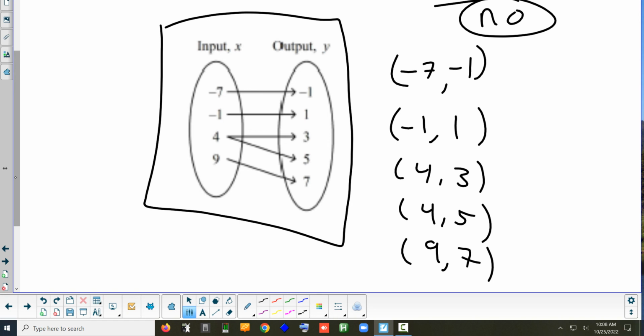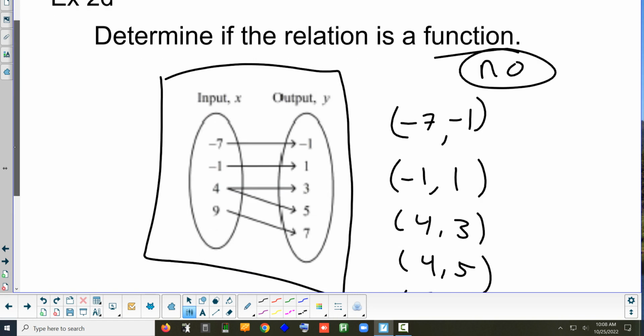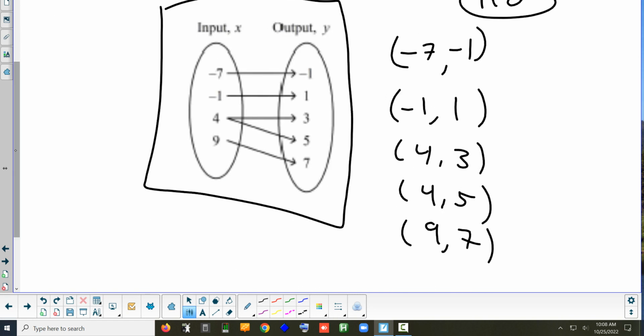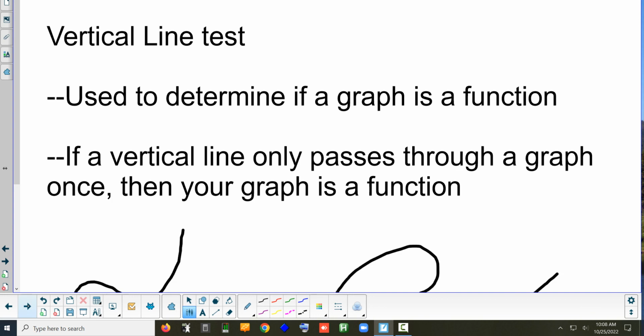Yes? Yep. If it's confusing as a diagram, then just write it as coordinates every time. And you can always do it that way.